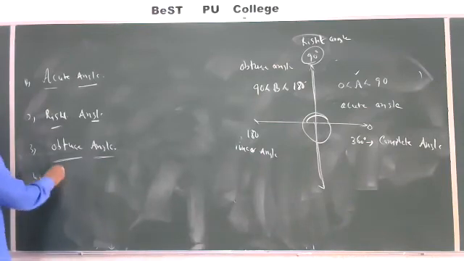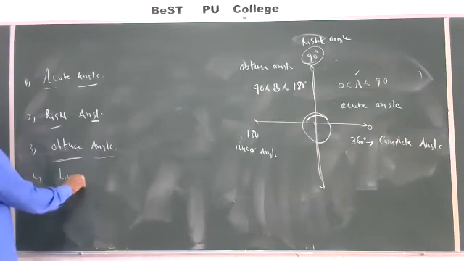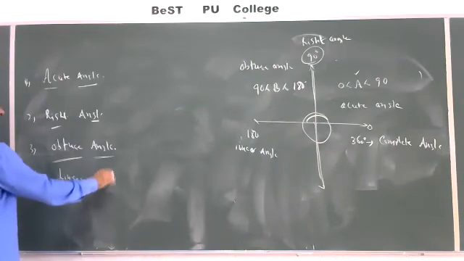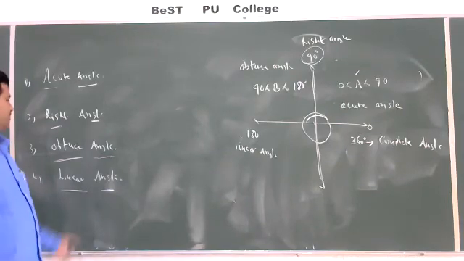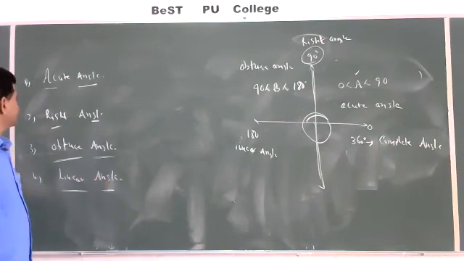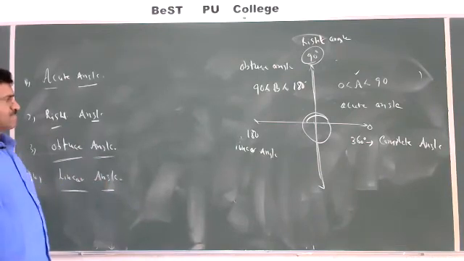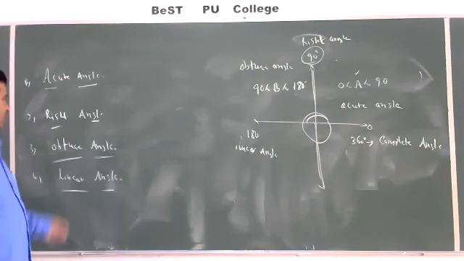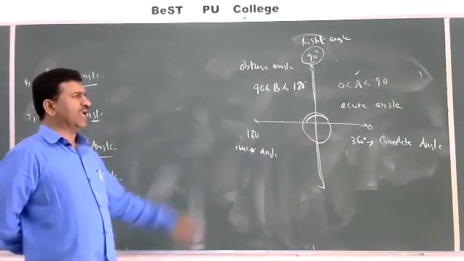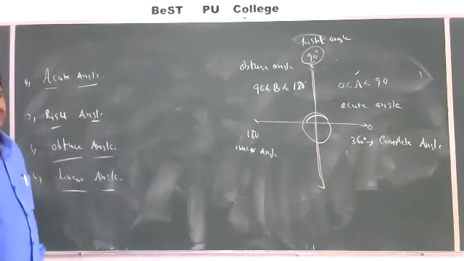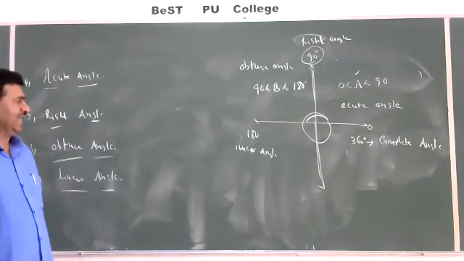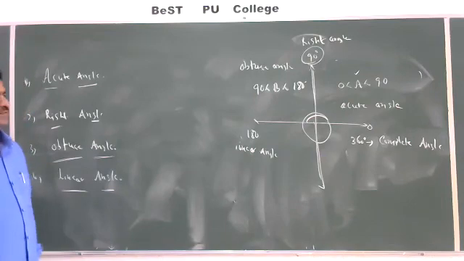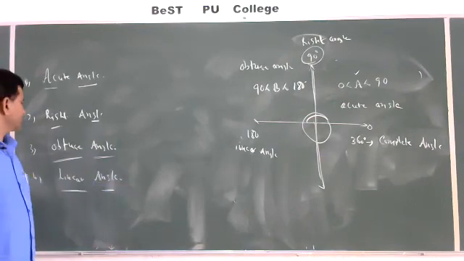Next, fourth one, linear angle. The measurement of the angle is 180 degrees, is called a linear angle.